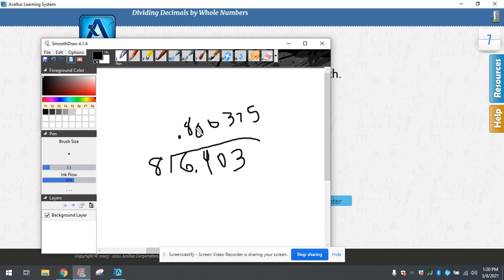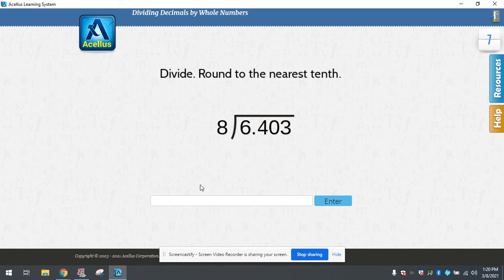So if the number to the right is 5 or larger, you would change this number up 1. If this were 0.85, we would write 0.9 for our answer. Since it's 4 or less, we're going to leave it as 0.8, and that is our answer.